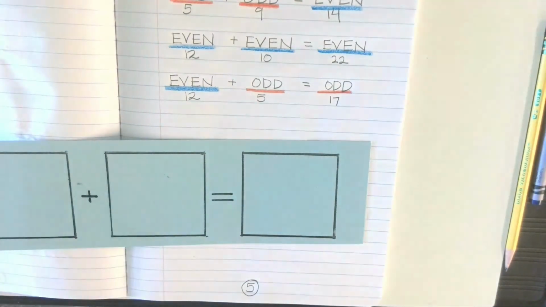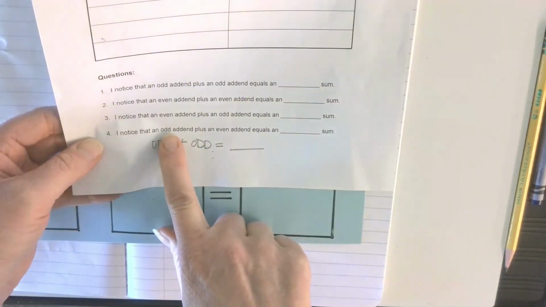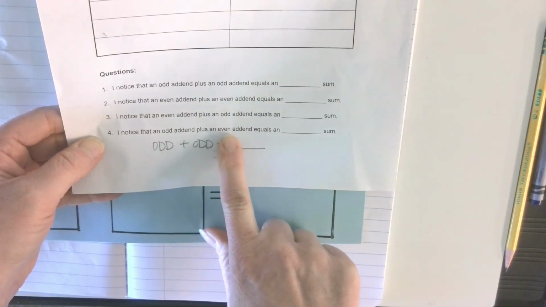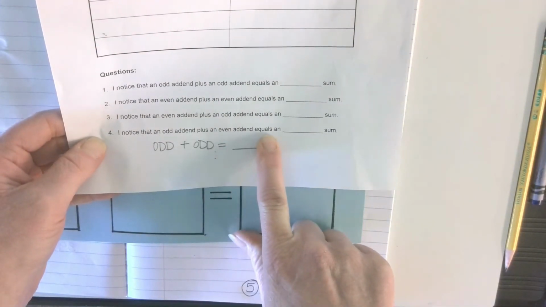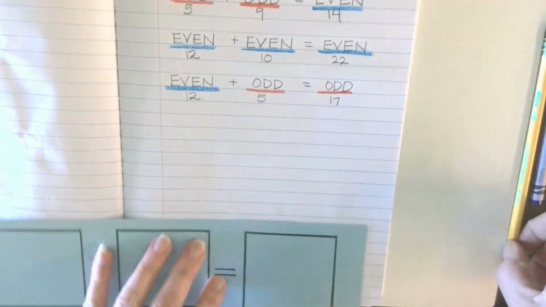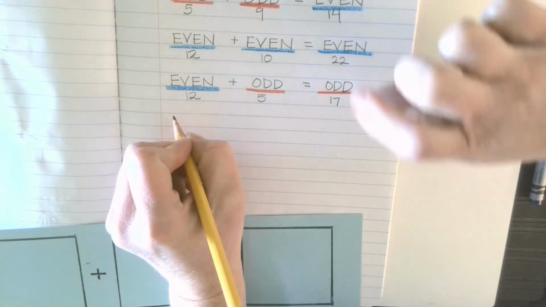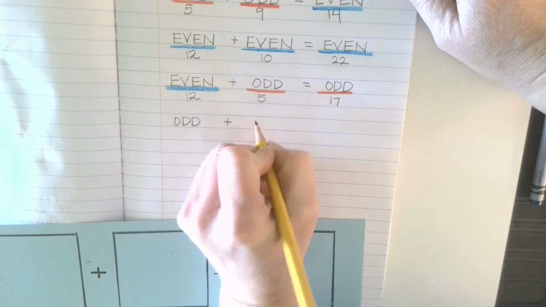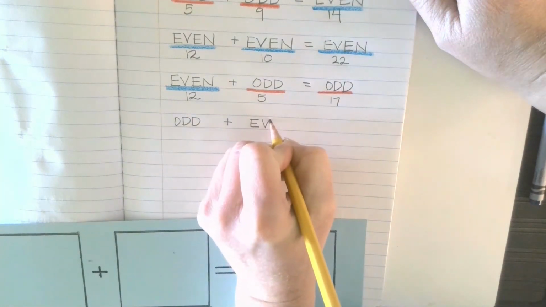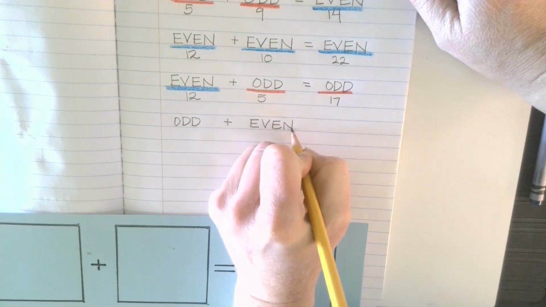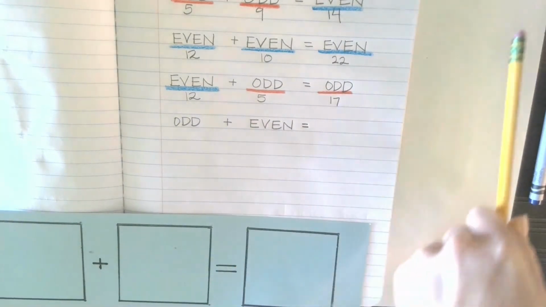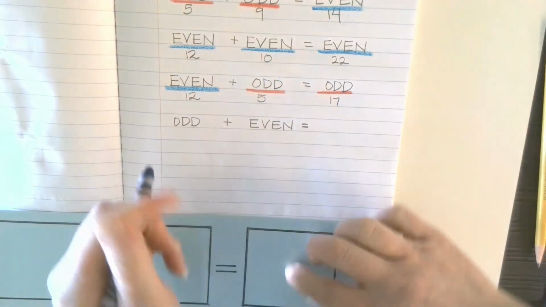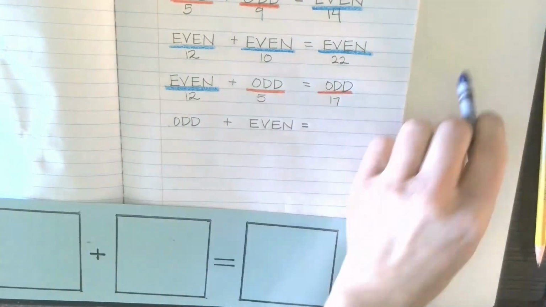Now, our last one was, I noticed that an odd addend plus an even addend equals a blank sum. So now we're going to do odd plus even and figure out what that adds up to be. Oh, almost forgot.